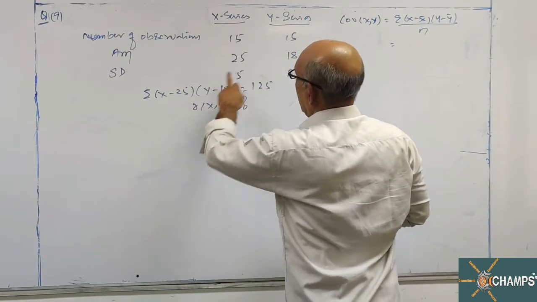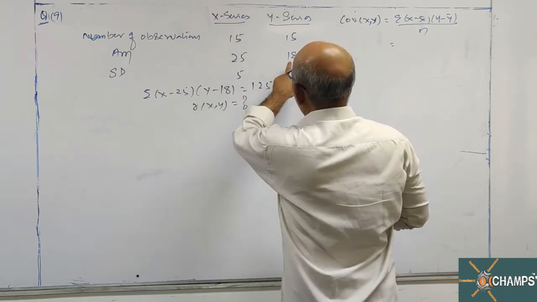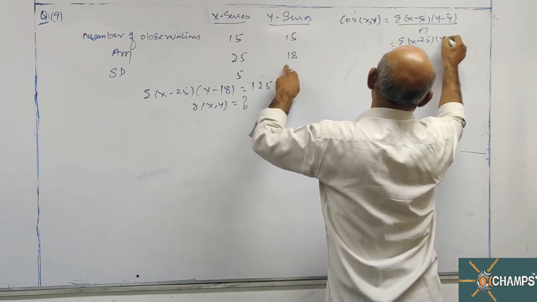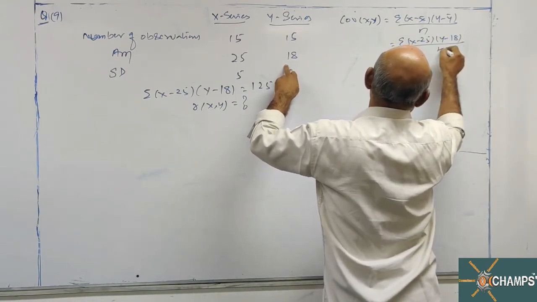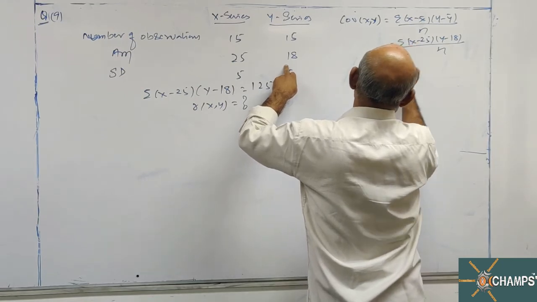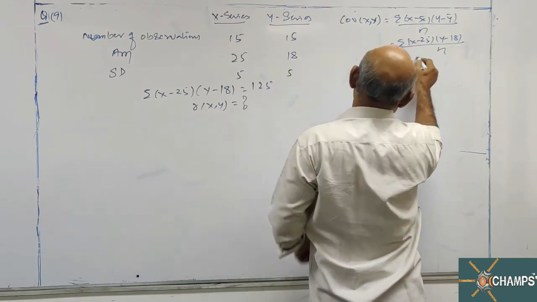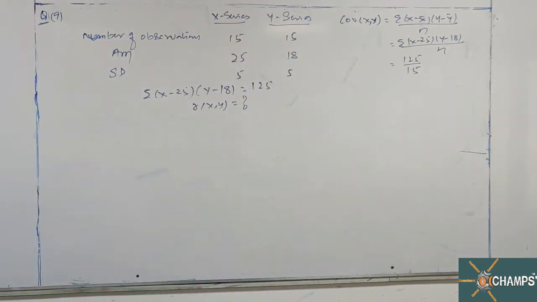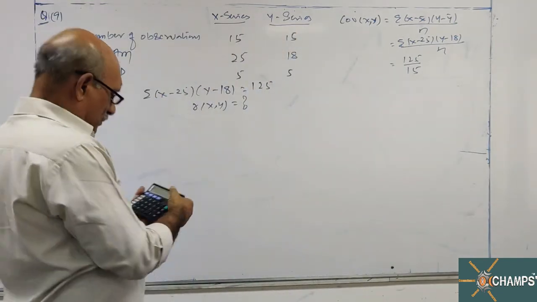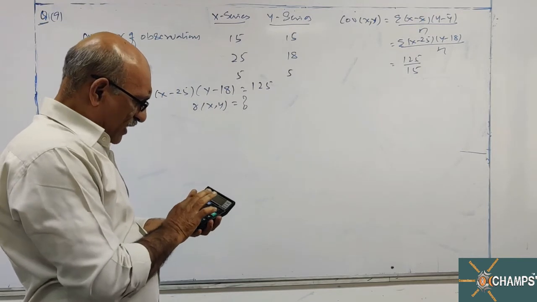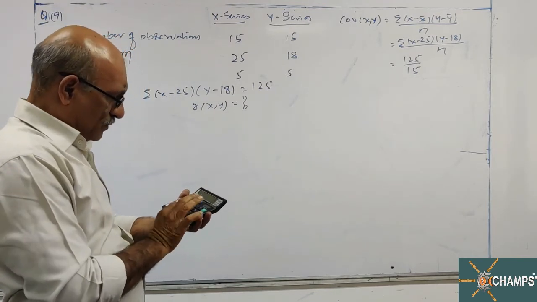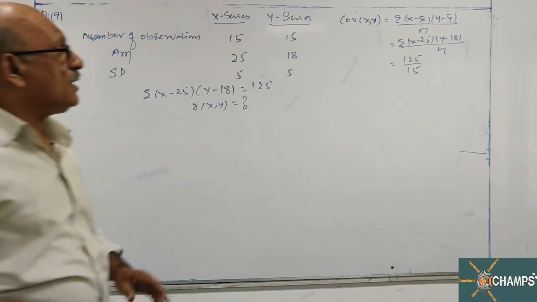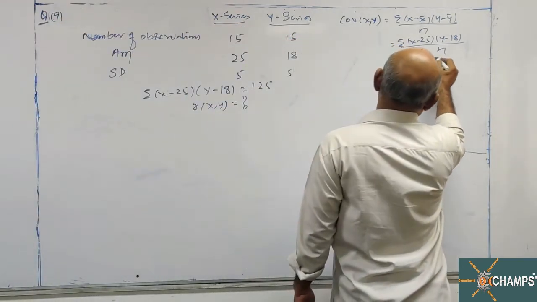It is given x bar is 25, y bar is 18. So summation of (x minus 25) into (y minus 18) by n. So this is 125 divided by 15. This is equal to 8.33.